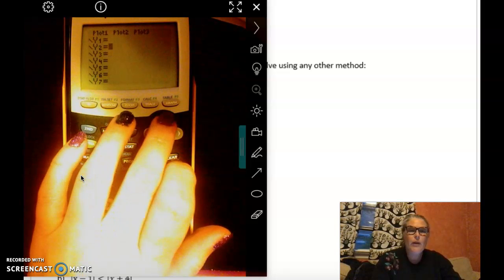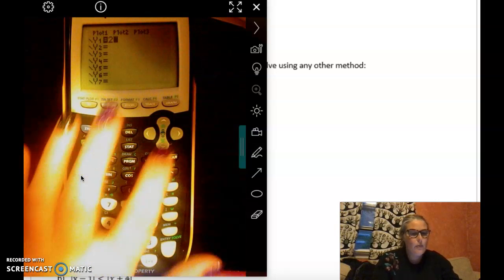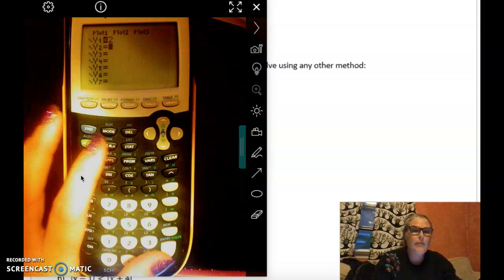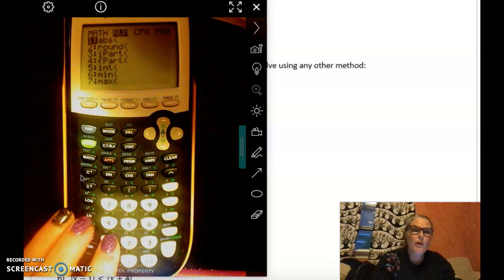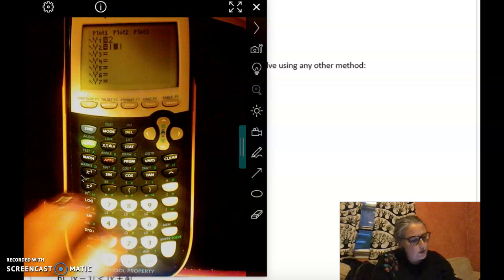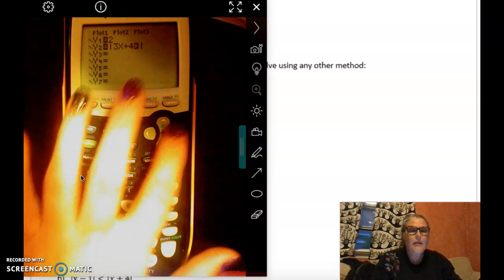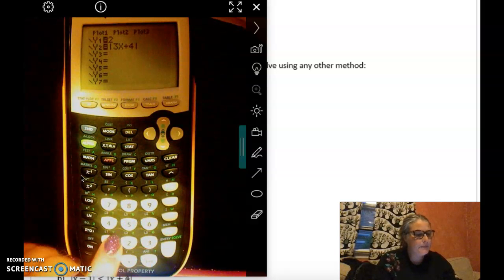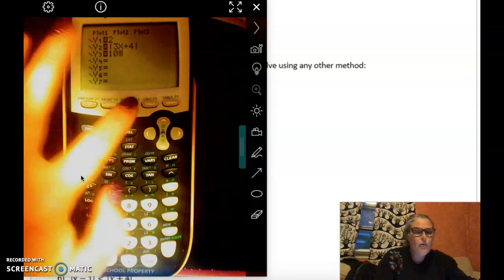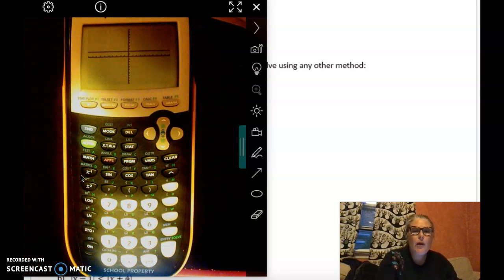I'm going to put in 3 new ones: y1, which was 2 in our case; y2, the absolute value, math, numbers, choice 1, 3x plus 4, enter; and then y3 is 10. So if I do the normal zoom 6, there's my y1. It draws y2 second, and then y3.